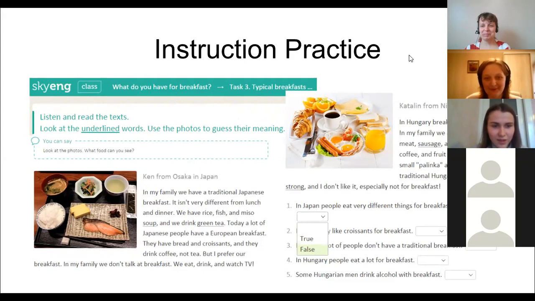Can you find it in the pictures? As for miso soup, the word is like our soup, so I think it is something like our soup. Exactly. And I think it's on the first, on the left. Yeah, that's right.